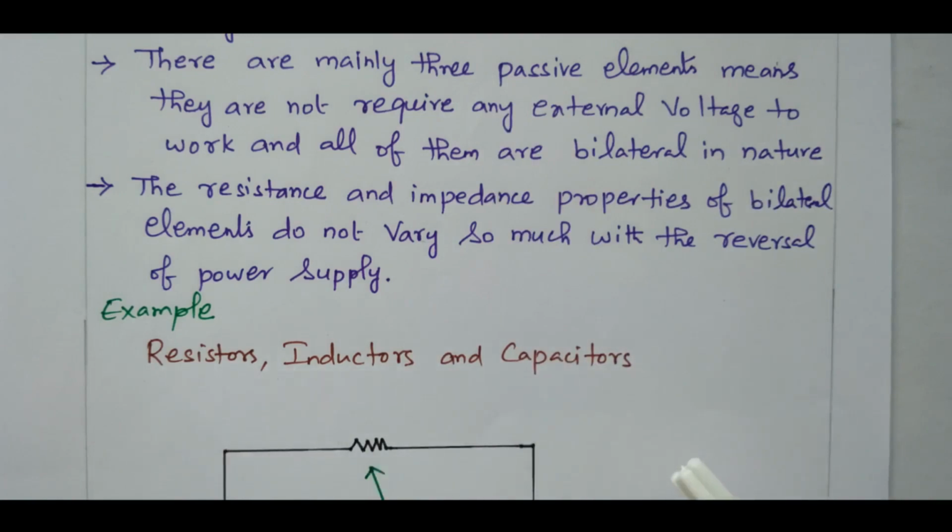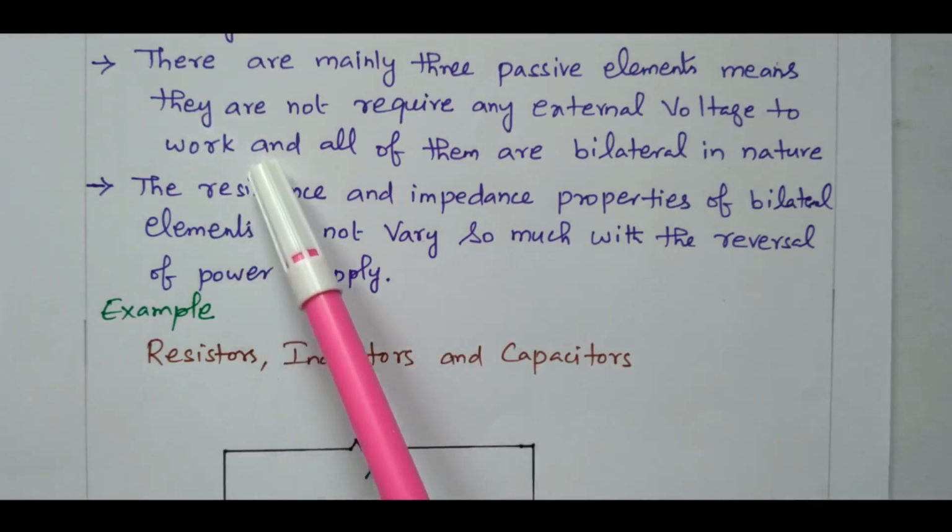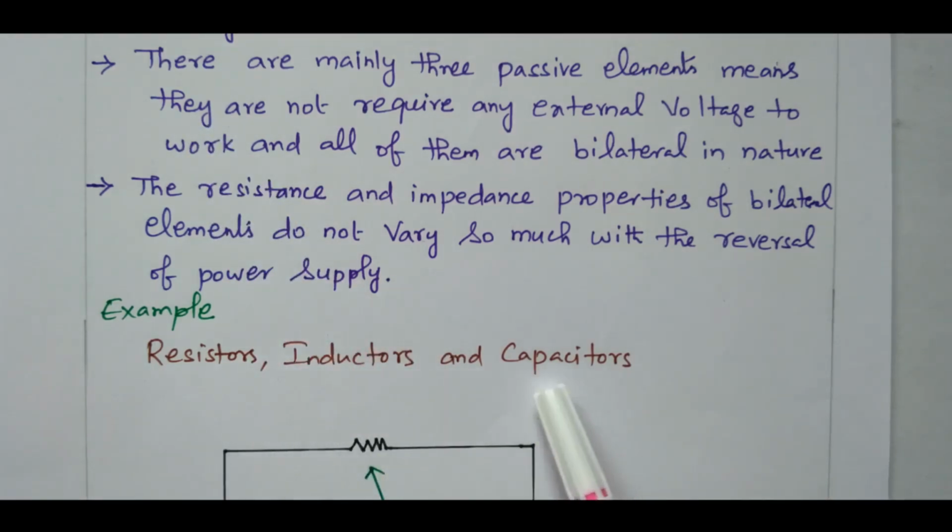There is no external source required. For active and passive elements, a separate video is available, and the link is in the description box, where viewers can see what is meant by active and passive components.